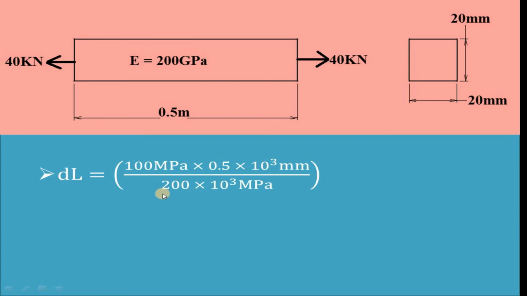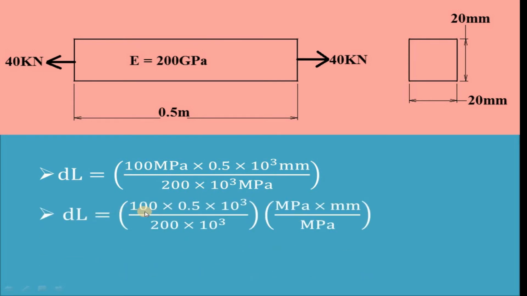Now in this RHS I am going to split the numerical terms and the units. So the next step will be dl is equal to 100 into 0.5 into 10 power 3 whole divided by 200 into 10 power 3, into megapascal into mm whole divided by megapascal.